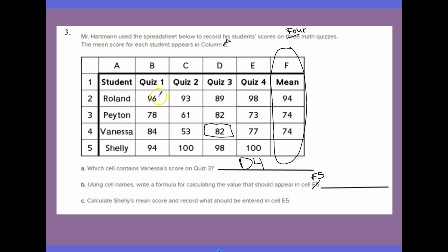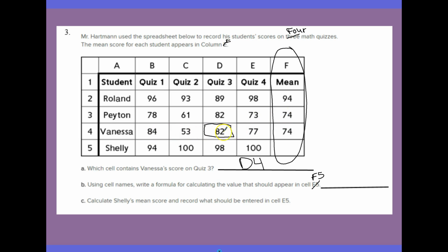So if you added up 96, 93, 89, and 98 with your calculator, and then divided that number by 4, because there's 1, 2, 3, 4 different scores, you're going to get an average of 94. And same as if you add up these 4 quiz scores and divide by 4, you will get a mean of 74.